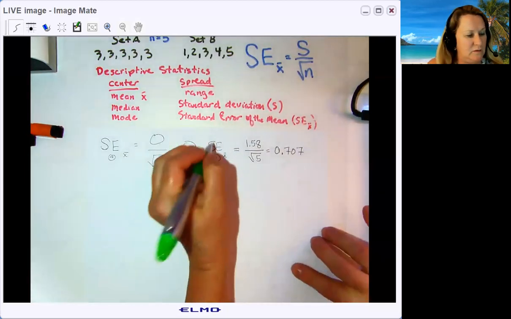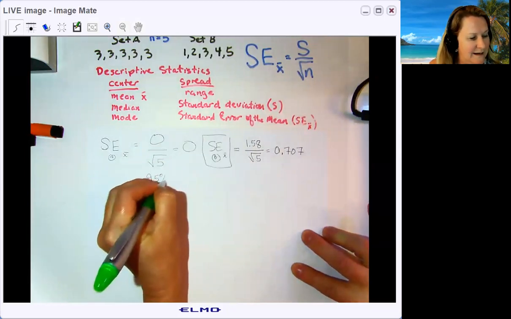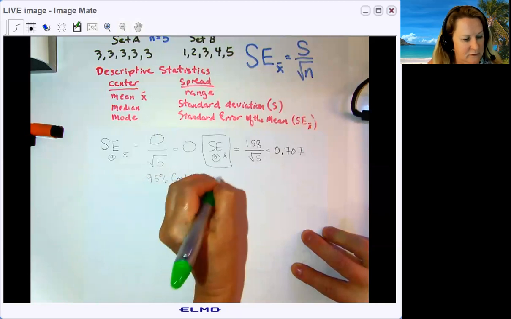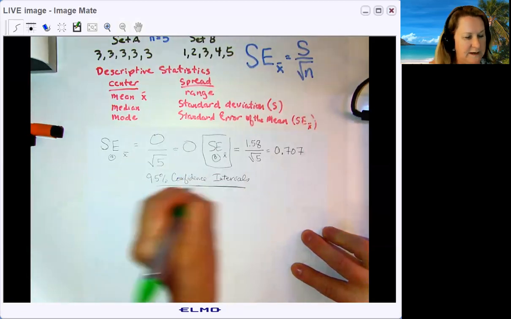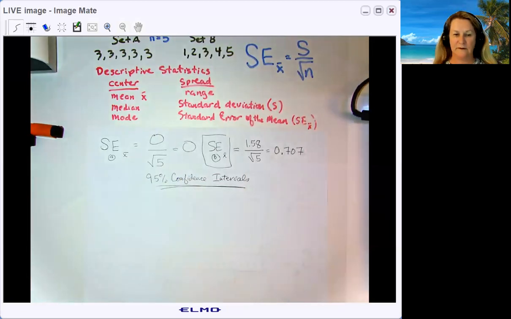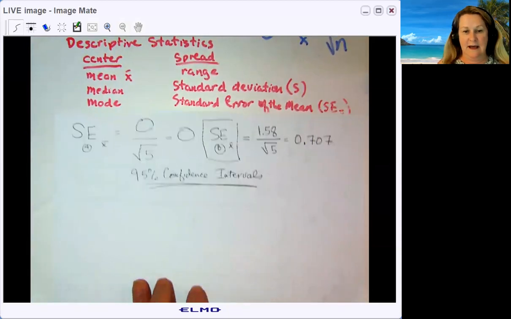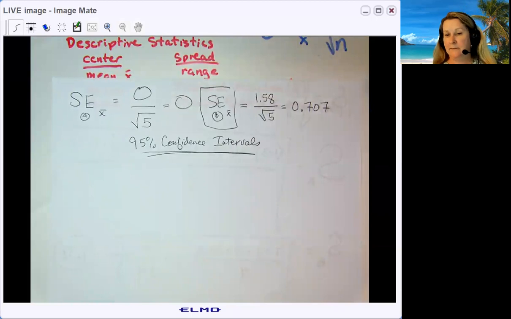Well, we can use the standard error of the mean to build something called 95% confidence intervals. Before I tell you what a 95% confidence interval is, let me tell you what it isn't. A 95% confidence interval does not mean you are 95% confident in the data. That is absolutely not what it means.